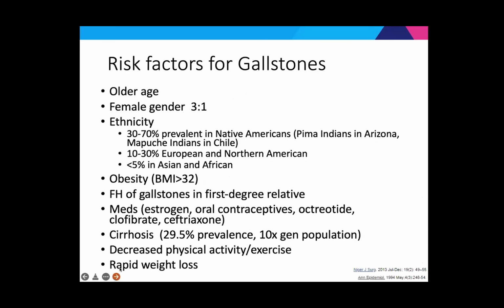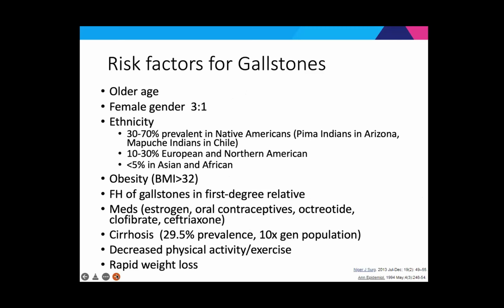In population studies, here are the risk factors for gallstones: older age, older than 40, female gender, certain ethnicity, having a BMI greater than 32, family history, estrogen, oral contraceptives, certain medications, cirrhosis, decreased physical activity, and rapid weight loss have all been shown to increase your risk of gallstones.